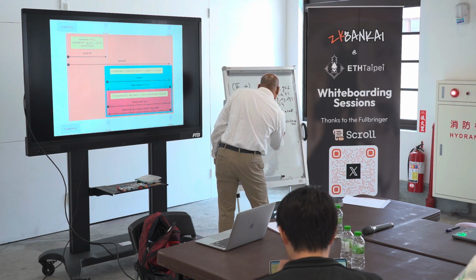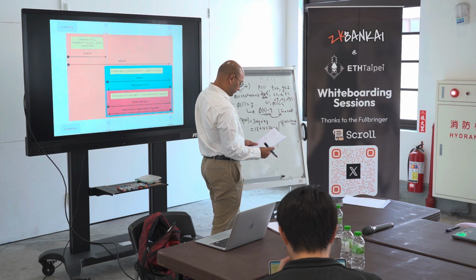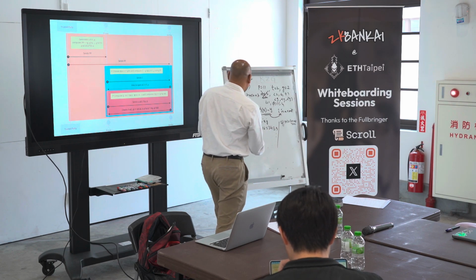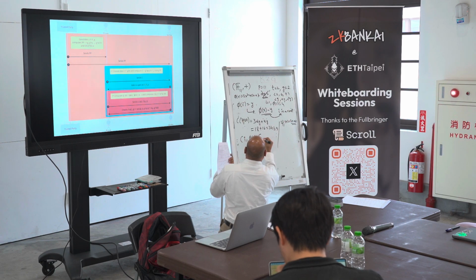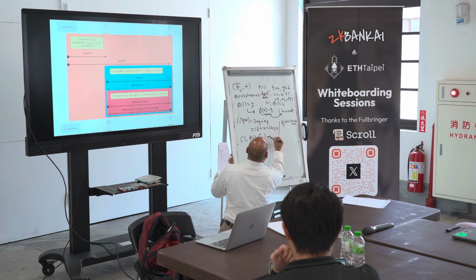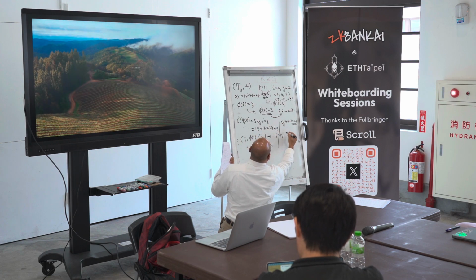This is 34. So this is 1. So the prover basically now sends I, phi of I, and the commitment of Q, which is basically 1, phi of I is 4, and the commitment is 2.